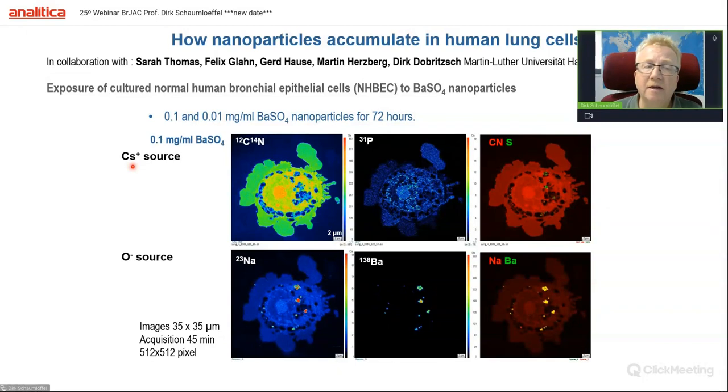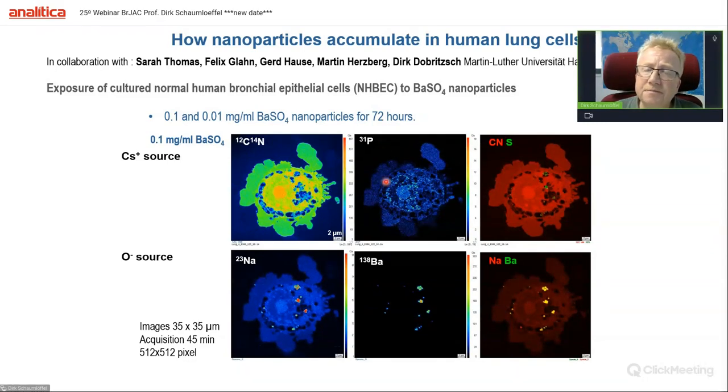It was analyzed with both ion sources, first the cesium ion source and then the oxygen ion source, on the same cell. And here with the carbon-nitrogen cluster, we see the nitrogen in the cell. With the nitrogen, we see more or less the cell structure because the nitrogen represents all the proteins. So with the nitrogen we see the whole cell structure.